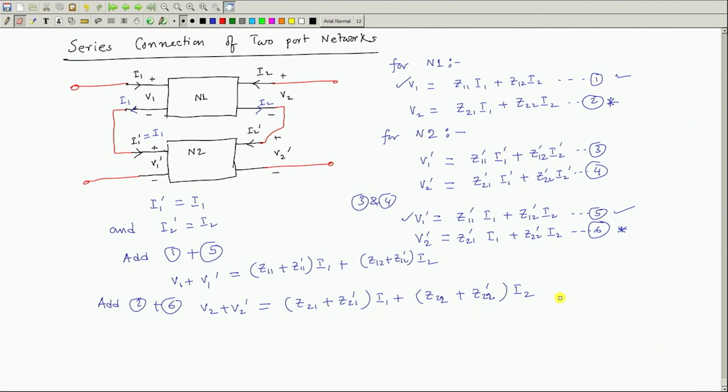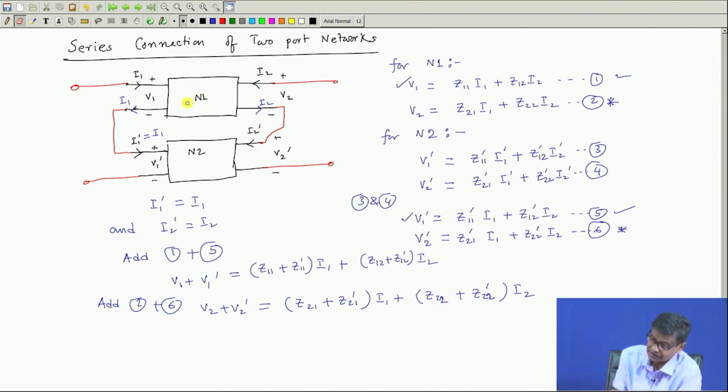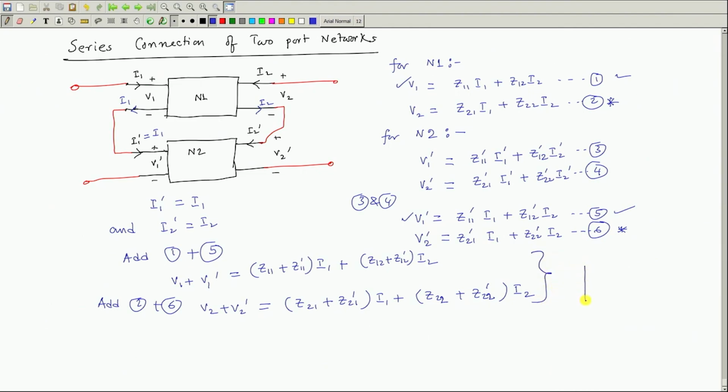Now, this whole network, these two series networks, can be thought of as a single two port network. After knowing these two equations, I will say that the equivalent two port network is this. These two are series connected, where the input voltage, you see what is the potential of this. These are the input ports and these two are output ports of these two series connected networks.